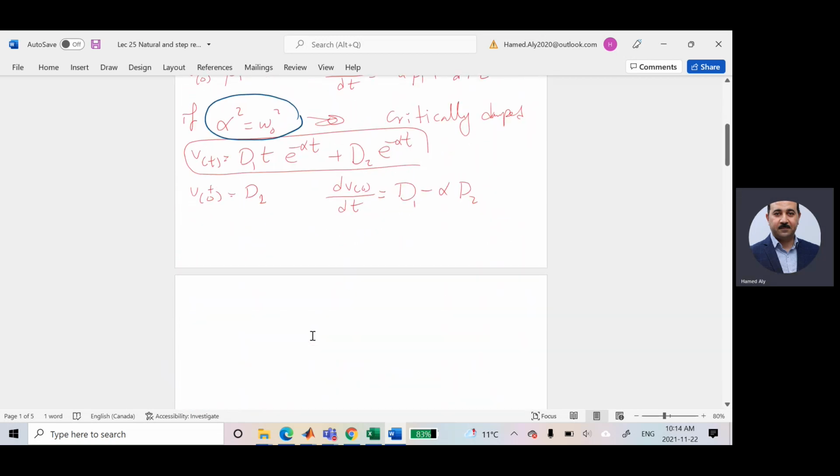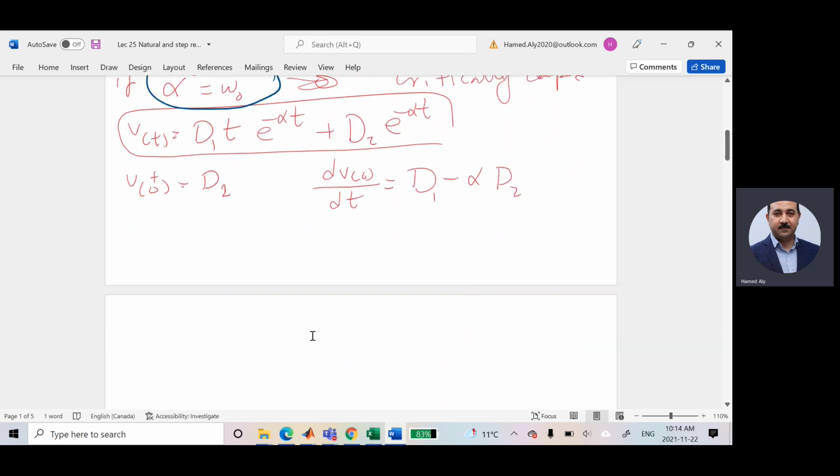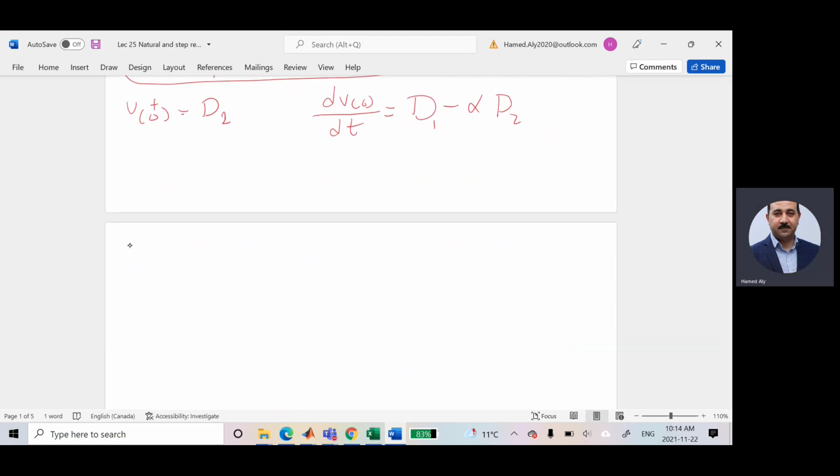What about if we are talking about the step response of a parallel RLC?